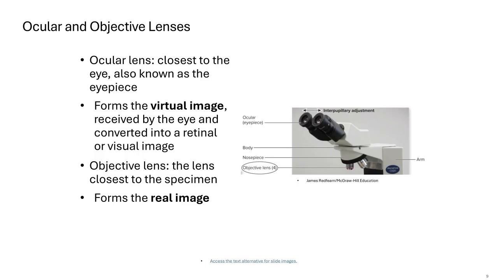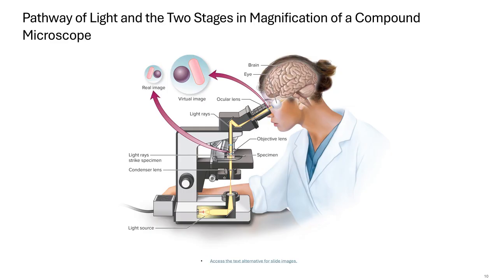So that ocular lens, the one closest to your eye, also known as the eyepiece, makes what we call a virtual image. It's what your eye sees. It's a retinal or visual image. The objective lens, the one that we're using that's closest to the specimen, makes the real image. So this is how that works.